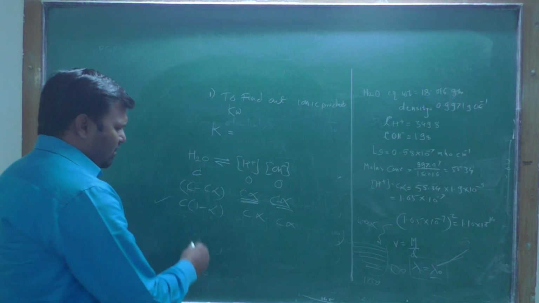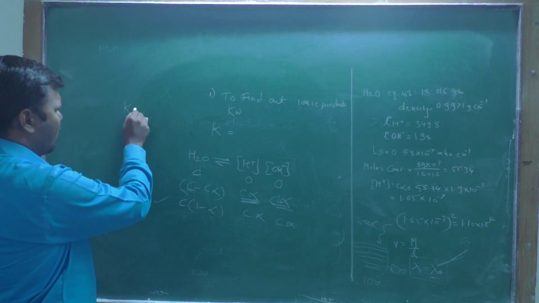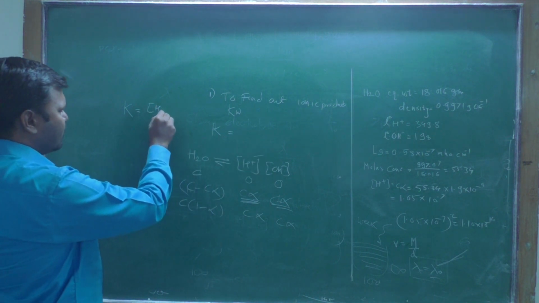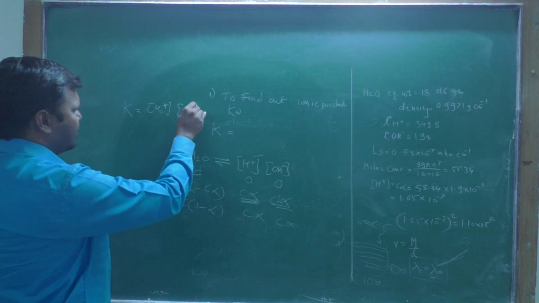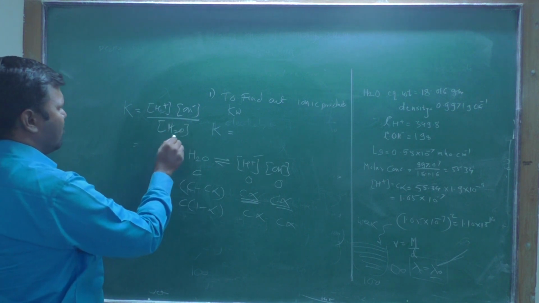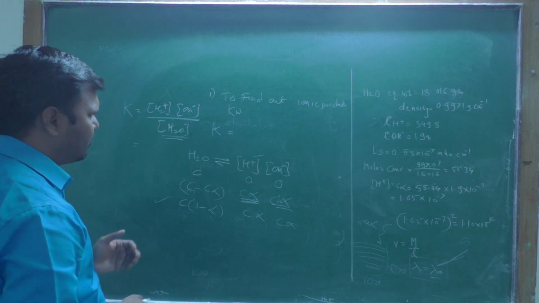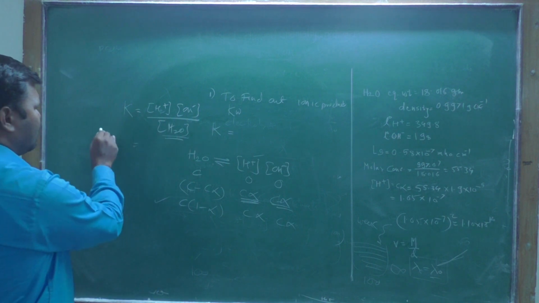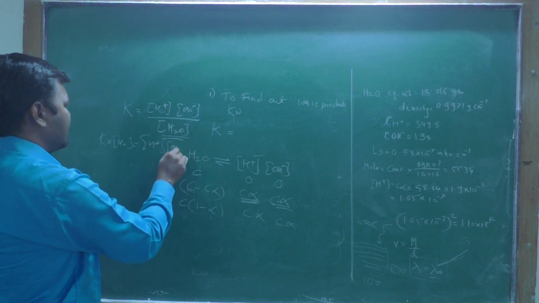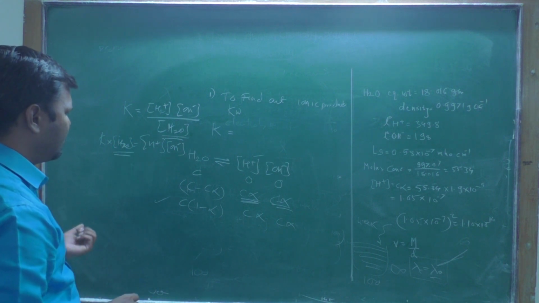The ionic product is denoted by Kw, and the dissociation constant for water, K, is given as the concentration of H plus and OH minus ions upon the concentration of the undissociated H2O. The quantity of water, the solvent, is very large, and a large quantity is always taken as a constant.